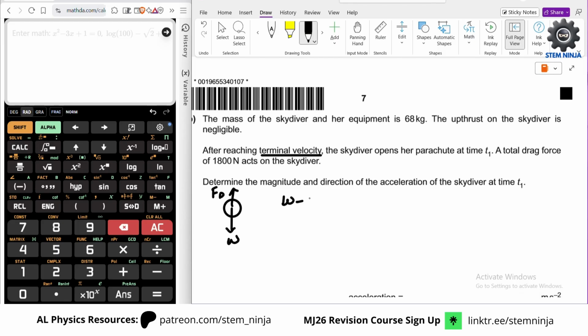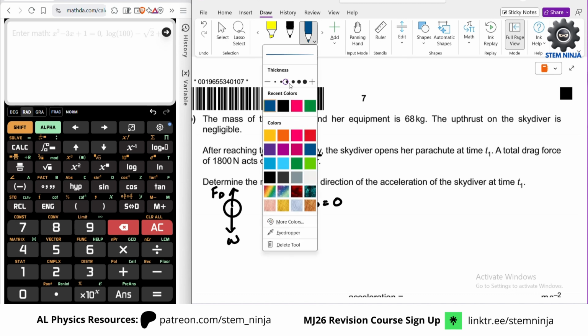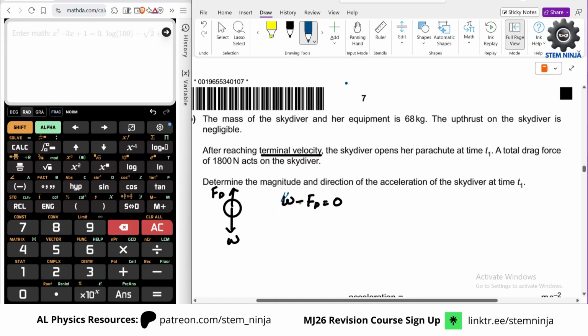So weight minus Fd equals to 0 because acceleration is 0. Oh wait, no, sorry. Wait. It's after the time t1, sorry, my bad.